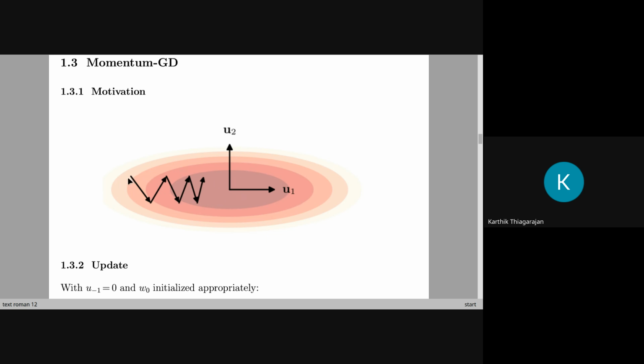So if you train gradient descent starting from this point, it is going to rapidly oscillate across the valley, because the gradient value will be very high in the vertical direction. There are going to be a lot of oscillations along u2, which will hinder the speed with which gradient descent converges to the minimum. This is the initial motivation for coming up with momentum based GD.